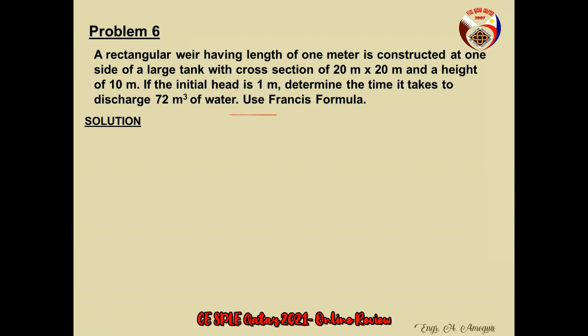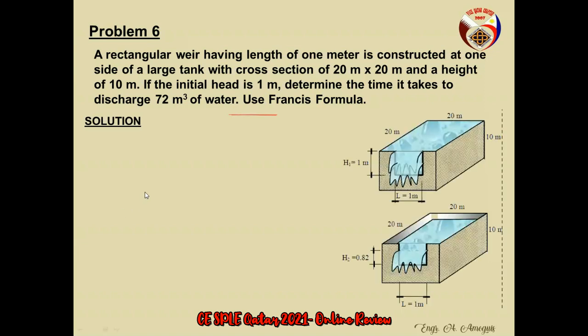So this is the case of falling head. Ganito siya. Initially, 1 meter siya. Ngayon, nung nabawasan ng 72, 0.82 na lang. Paano yan kinakalculate? Initially, yung volume ng water above the permanent crest is 20 by 20 by 1, so that is 400 cubic meter, right? Nung na-release yung 72, ilan na lang? Di 400 minus 72.